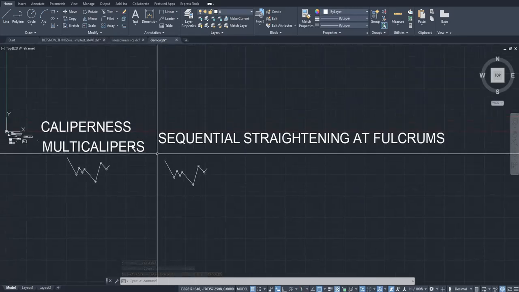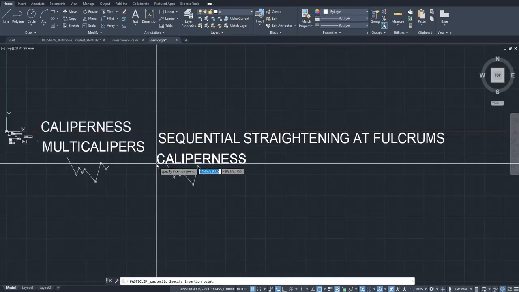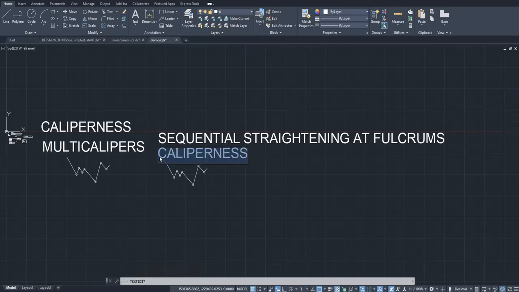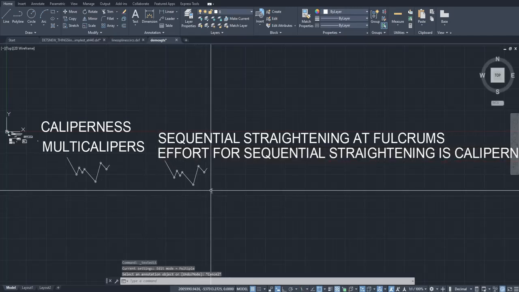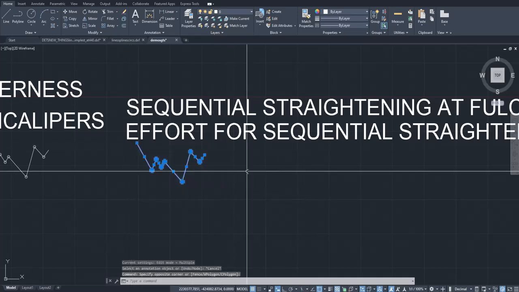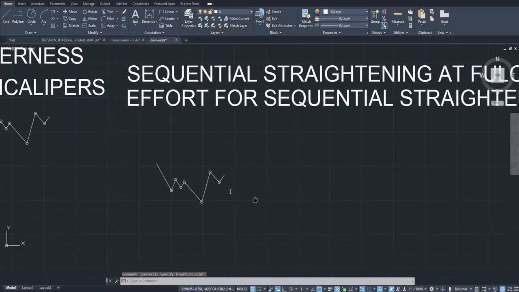The effort necessary for sequential straightening in geometrifying trigonometry is caliperness. It's a metric, it's a norm, that is, it's a measure.